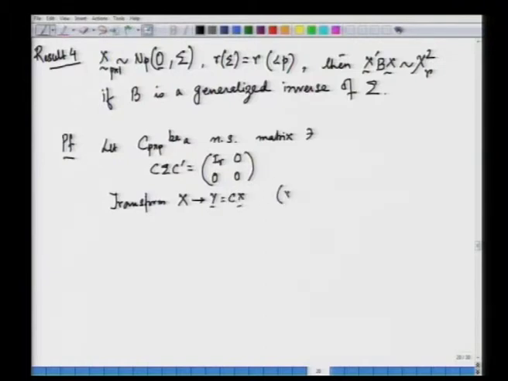So, we have X is nothing but C inverse Y, no problem in it because C is non-singular, and then by our earlier result we have Y, which is also a p-dimensional random vector. This follows a p-dimensional multivariate normal distribution with mean vector C mu, and covariance matrix C sigma C transpose.